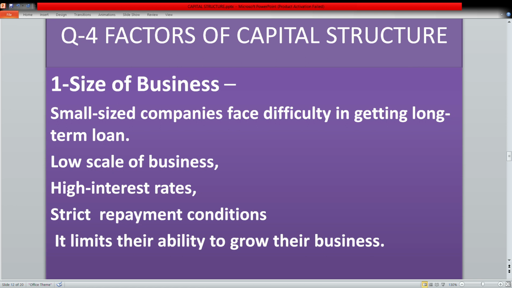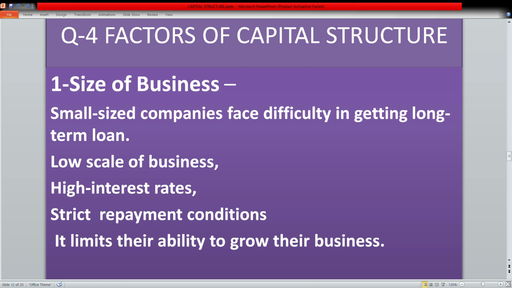First, the size of the business. If the company is a small company, a low scale business, then it is difficult to get loan. It is really difficult to get a long term loan.